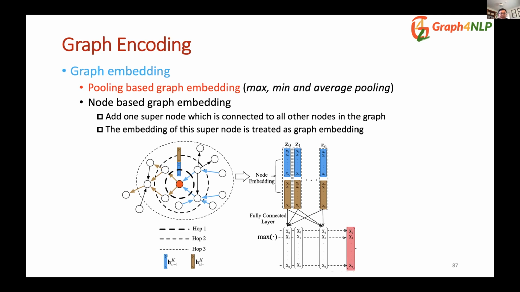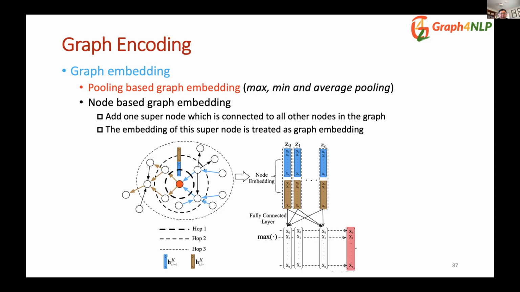Another is called node-based graph embedding. Here you insert a super node into the graph and use this node to connect to all the other nodes. Then you can run any graph neural network method to generate a node embedding for this super node, and treat it as the graph-level embedding.